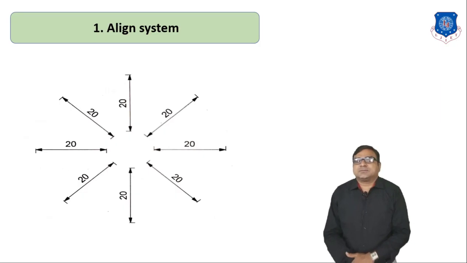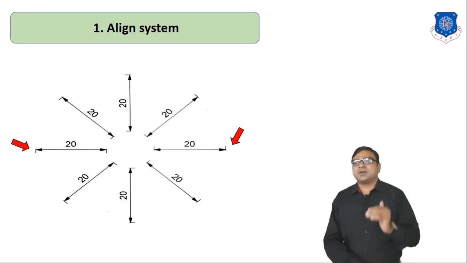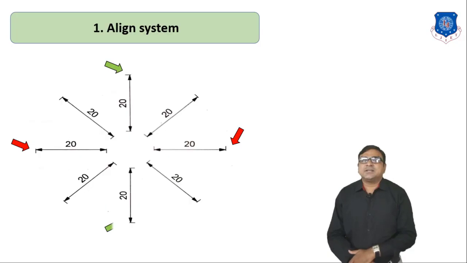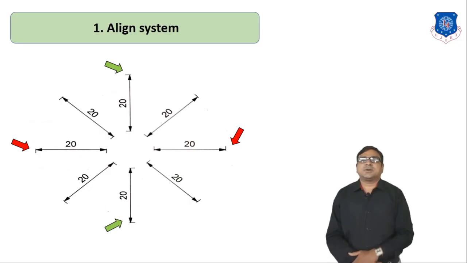In the aligned system, for the orientation of different dimension lines, these two lines are horizontal dimension lines, so the numerical value is above the dimension lines, and these two are vertical lines. So here 20 mm is put on the left side of the dimension line, but it is always perpendicular to the dimension line.